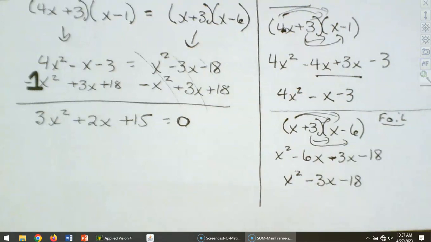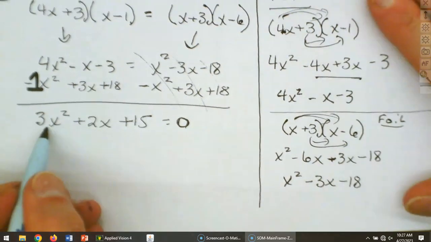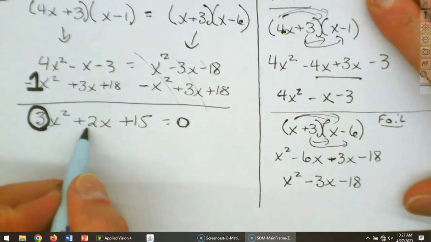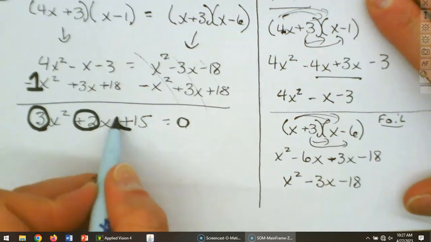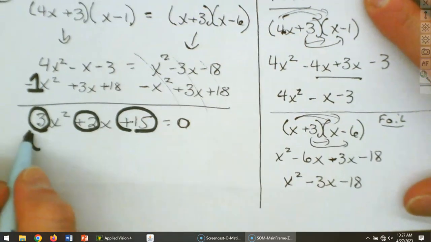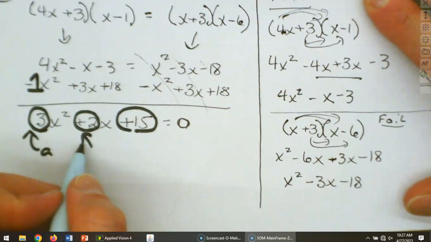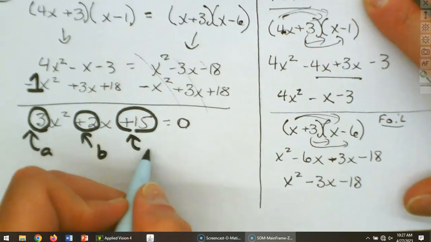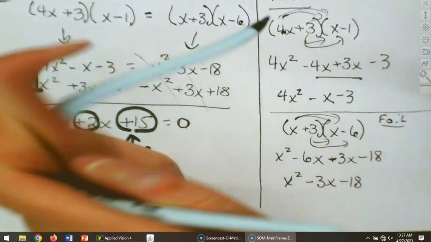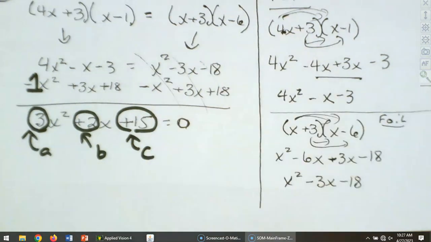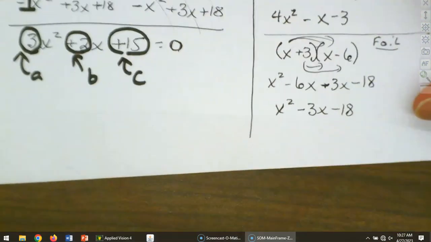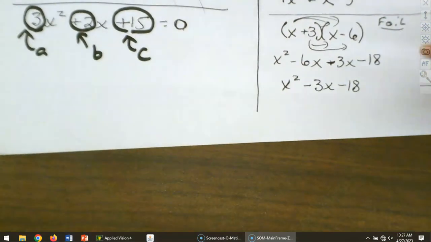Okay, let's go ahead and get our A, our B, and our C. So there's your A, there's your B, there's your C. We can now apply our quadratic formula. So let's do that.